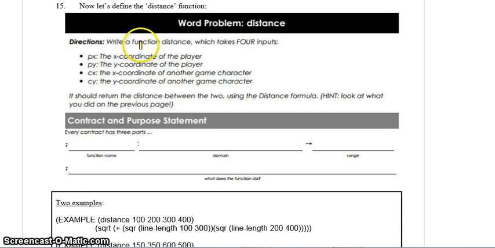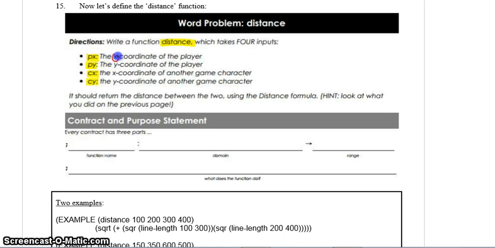So the directions here say write a function called distance, which takes 4 inputs, px, py, cx, and cy, where px is the x-coordinate of the player, py is the y-coordinate of the player, cx is the x-coordinate of another game character, and cy is the y-coordinate of another game character.